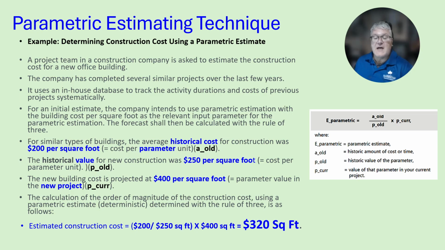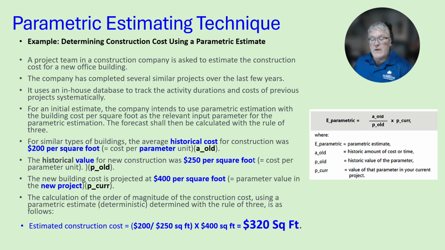So, for similar types of buildings, the average historical cost for construction was $200 per square foot. The historical value for new construction was $250 per square foot, and it's projected the new building will cost $400 per square foot. So the calculation of the order of magnitude of the construction costs using parametric estimates, which is deterministic, is determined on the rule of 3 as follows.